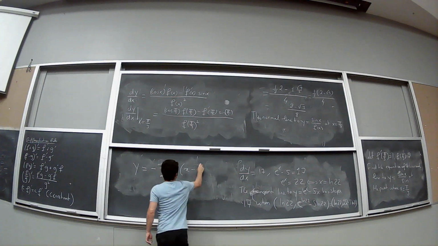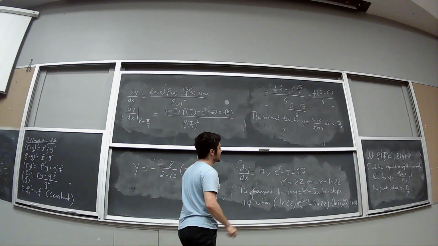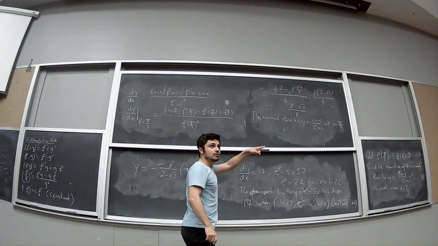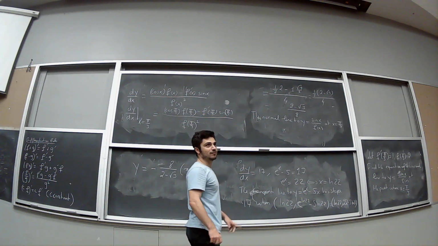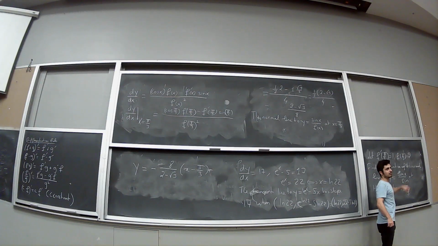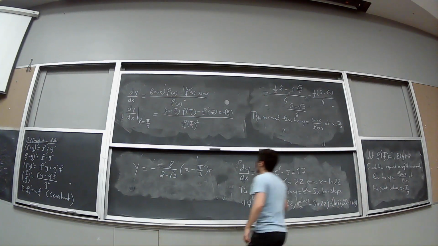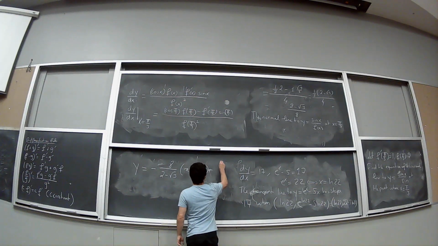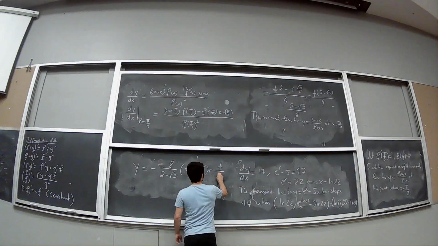Times x minus pi over 3 plus f of pi over 3. What is f of pi over 3? No, that's not f of pi over 3. I'm looking at sine pi over 3 over f of pi over 3. What is sine pi over 3? Sine pi over 3 is 1/2 over f of pi over 3, which is 2.